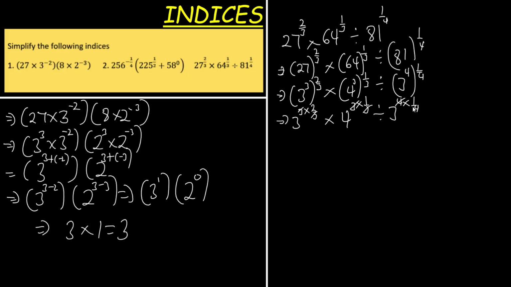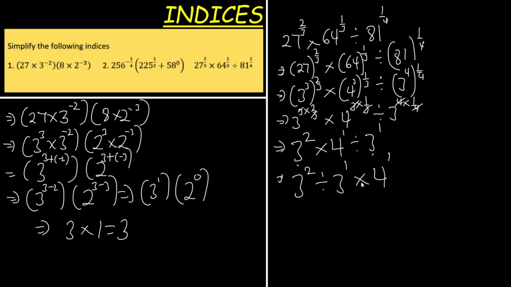And then we're going to have 3 raised to the power 2 times 4 raised to the power 1, divided by 3 raised to the power 1. Now we know that this 3 and this 3 are the same, so we can group them together as 3 raised to the power 2 divided by 3 raised to the power 1, times 4 raised to the power 1.